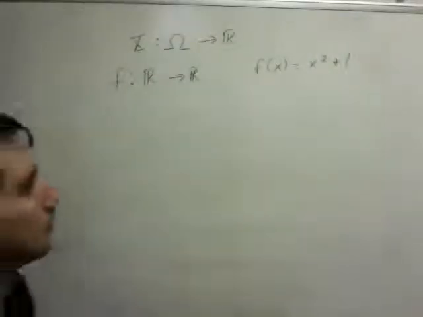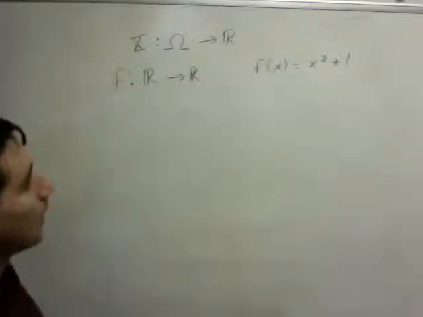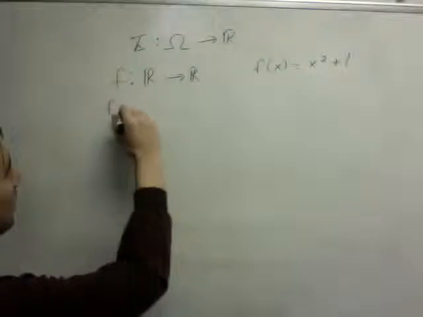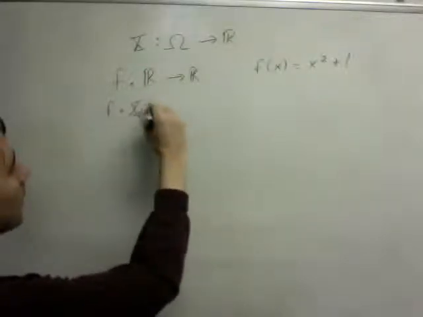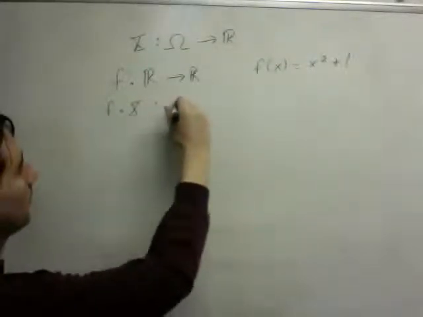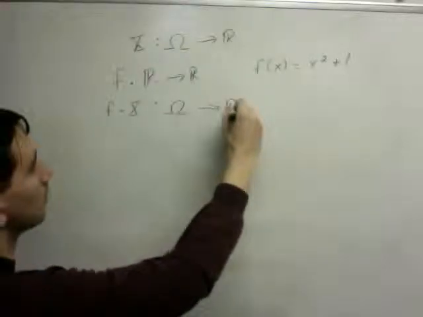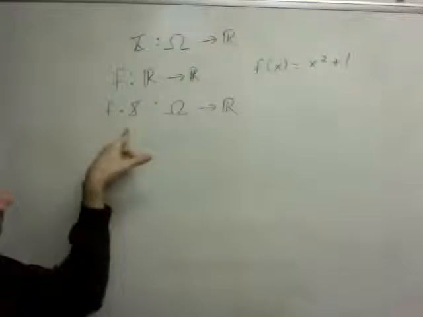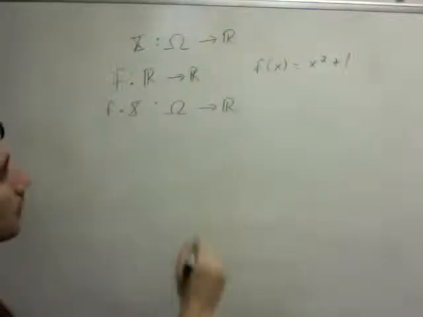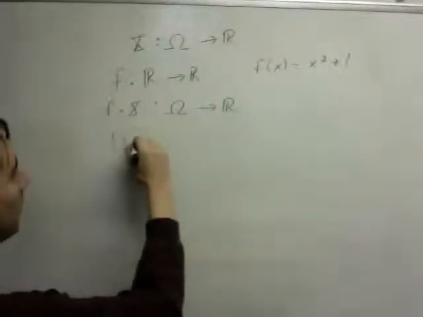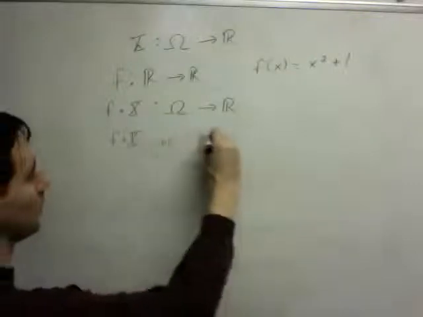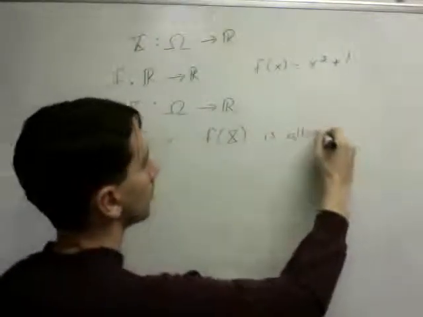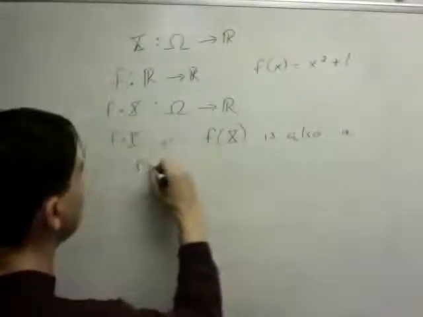Okay, that's a function from R to R. But now we can compose the two functions. So composition of functions f of x would be a map from omega to R. So if we compose a function from R to itself with a random variable, we get a new random variable. So f of x, or usually we write it f of x this way, is also a random variable.